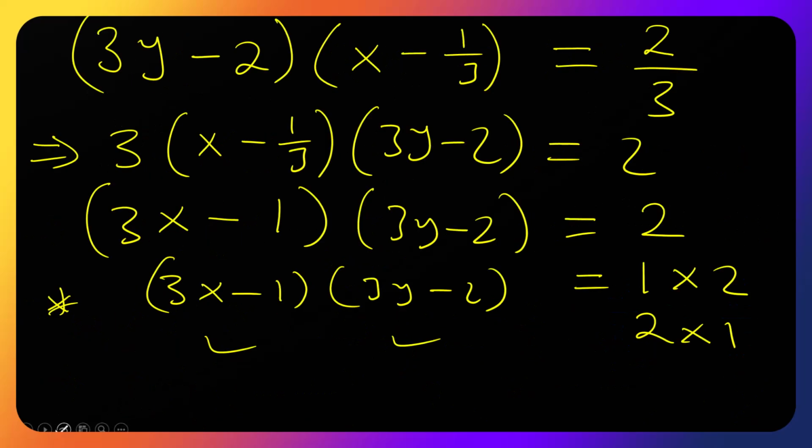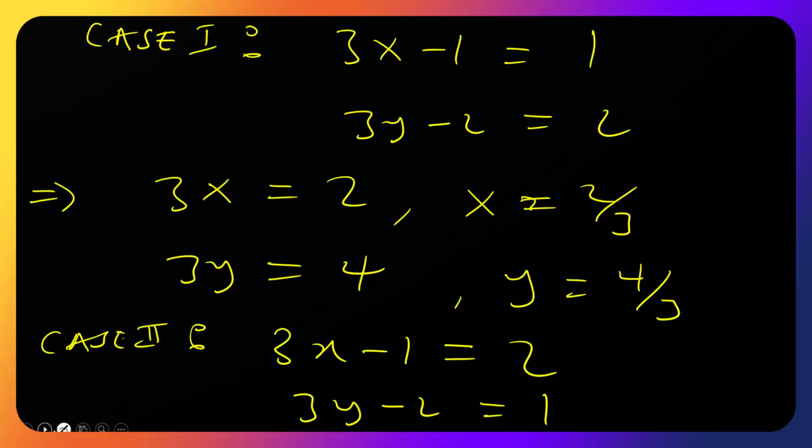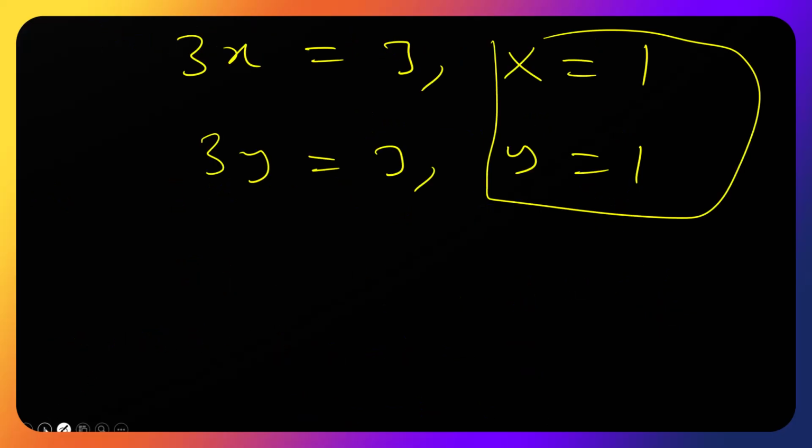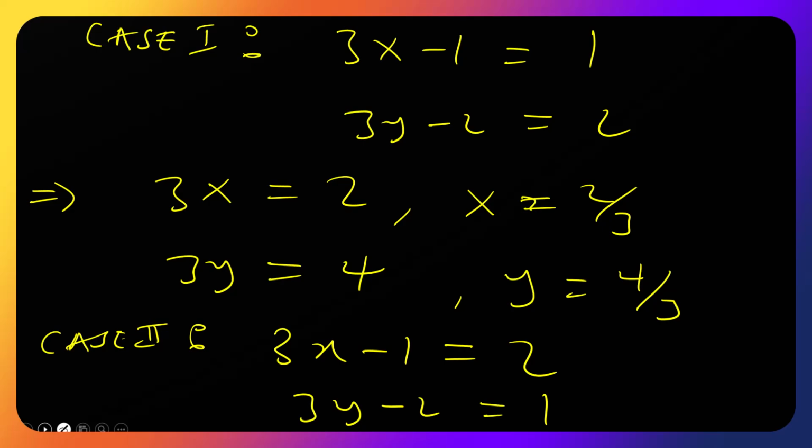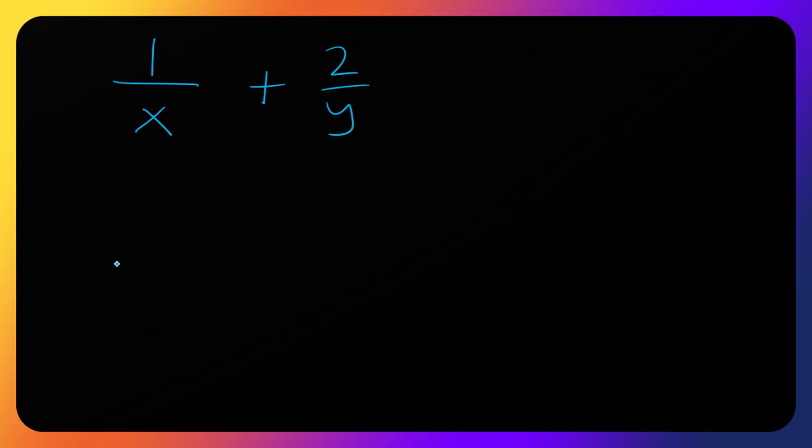Now let's look at the other solution, 2 on 3 and then 4 on 3. Let's check. This is the question: 1 over x plus 2 over y equals to 3. So y is 4 over 3. So we have 1 on 2 on 3, 2 on 4 on 3.